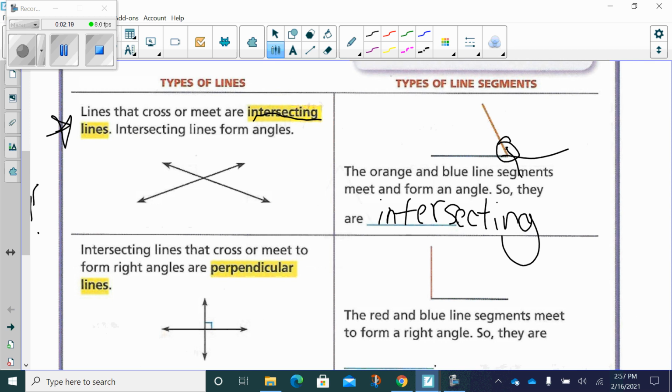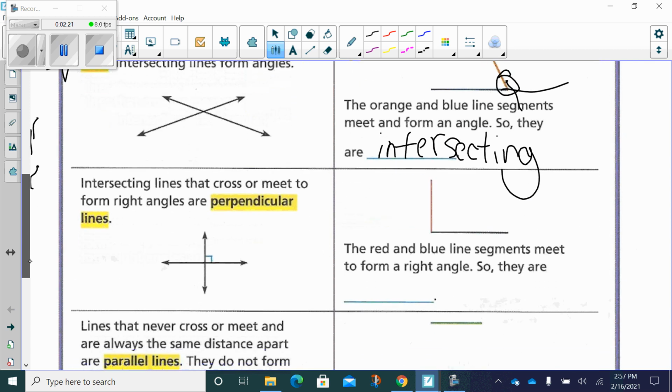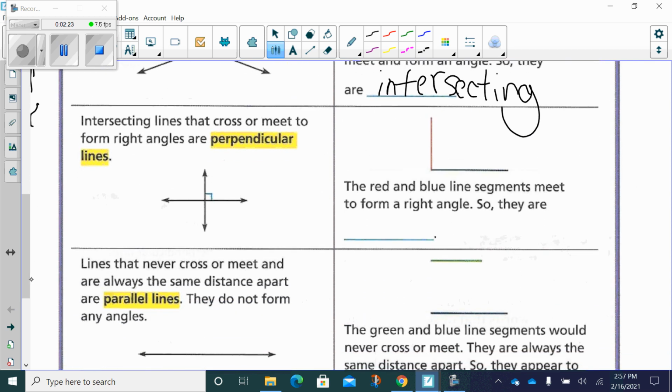Now we're talking about special intersecting lines. Look, what do you see here in the middle? What does that mean? Yeah, that means it is a right angle. It's like a square angle. If you put a piece of paper in there, it would fit. It's a right angle, 90 degrees.